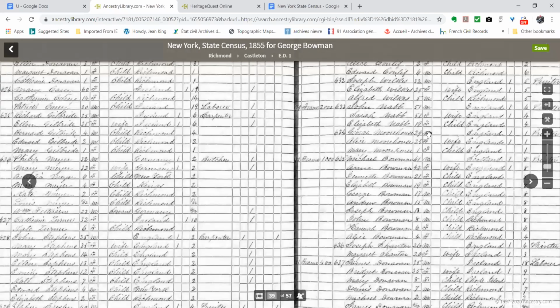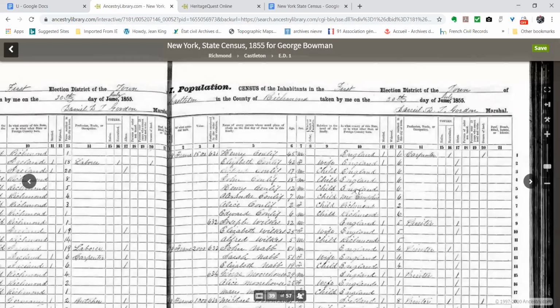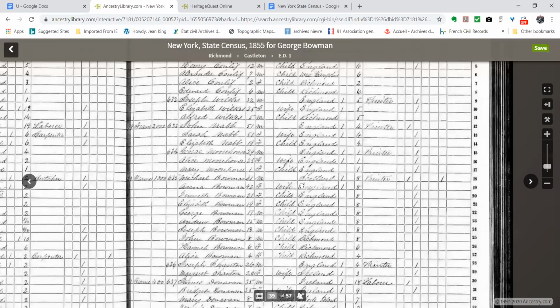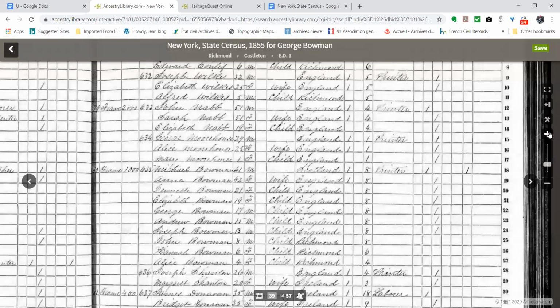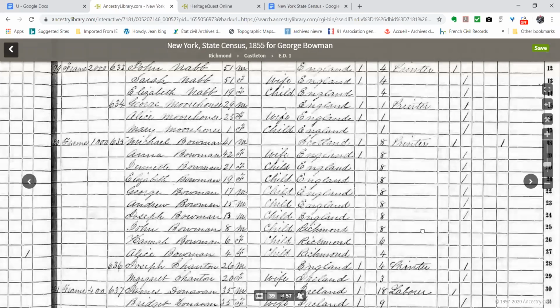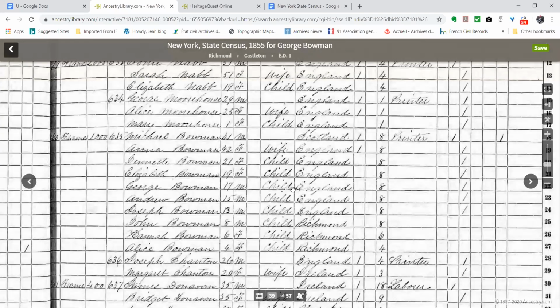And with the New York State Census records, Ancestry does not highlight the people you're looking for, and you have to just scroll down and look for them yourself. But luckily, I just found them. So these are my Scottish relatives who lived on Staten Island.